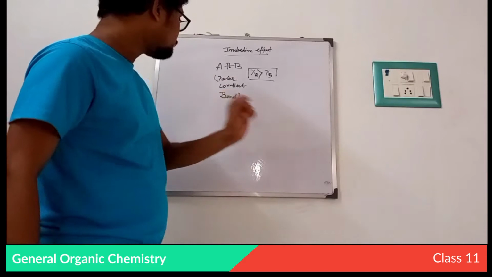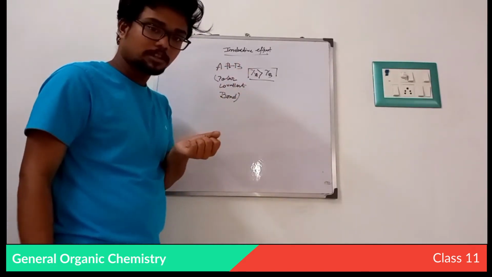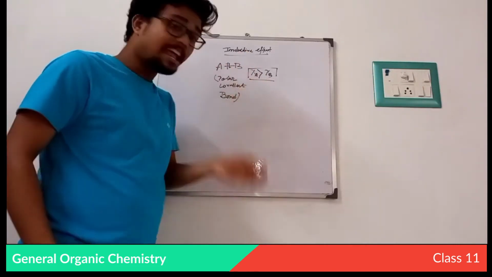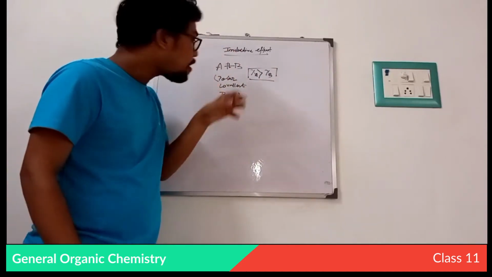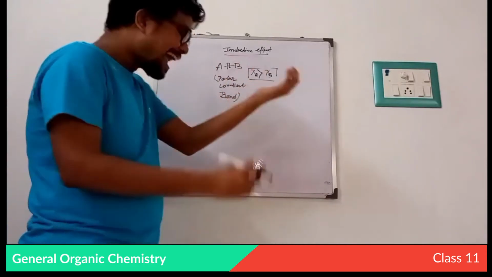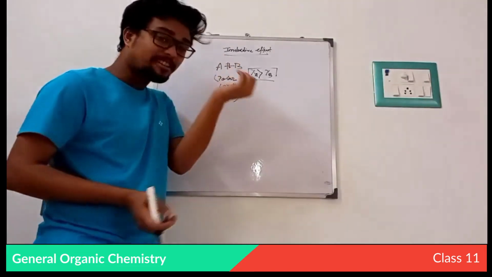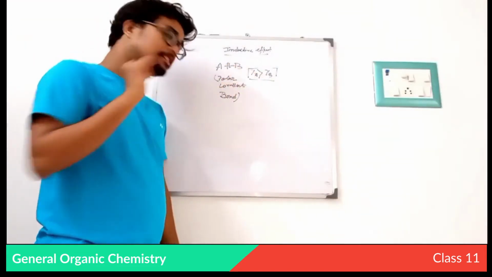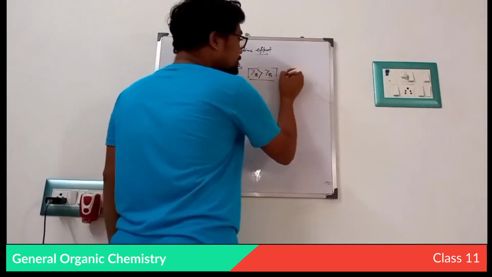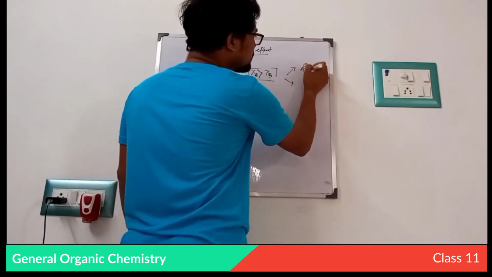It means that the electron pair of this bond is attracted towards A. So if A attracts the electron pair towards itself, then what happens? Two cases may happen. Think very carefully. First one is A plus B minus.